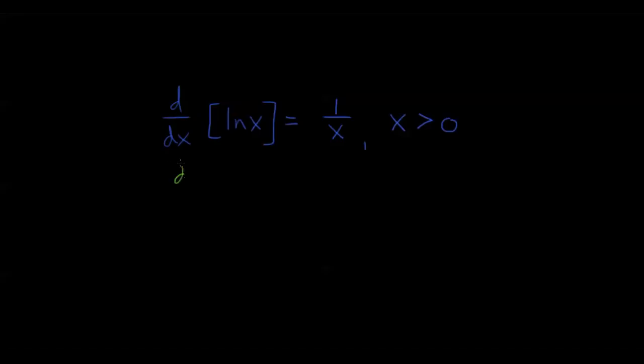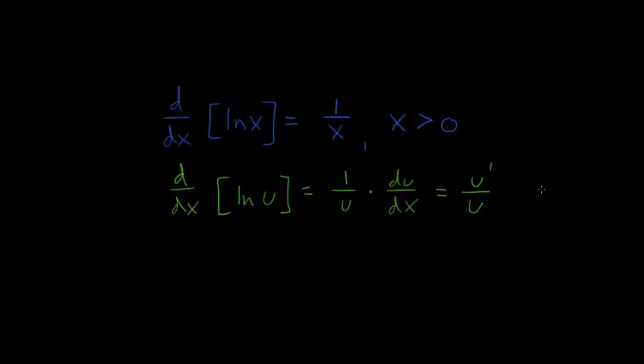Also, the derivative of the natural log of u is equal to 1 over u times the derivative of u with respect to x. Of course, we can also write that as u prime over u. This is when u is greater than 0.